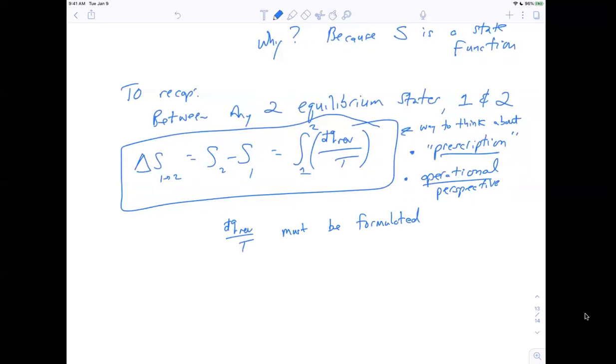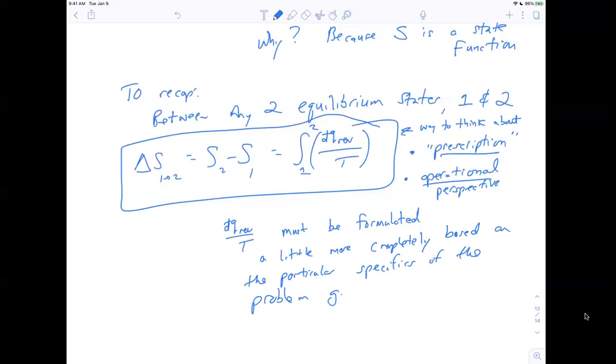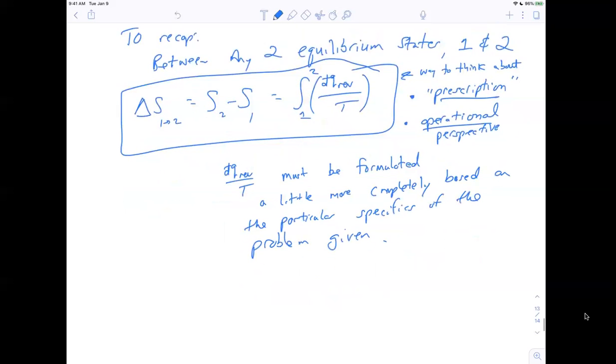So dq reversible must be formulated a little more completely based on the particular specifics of the problem given or encountered. Okay. So you might be thinking, all right, what's dq reversible over T? Well, we'll see that shortly. All right, so I'm going to move on. Any questions, comments? Okay, let's move on then.